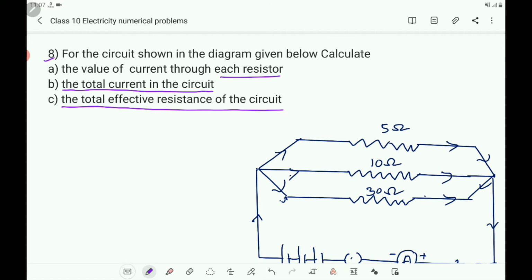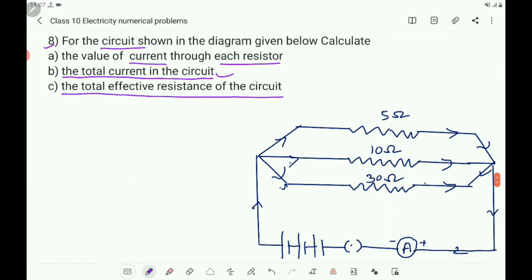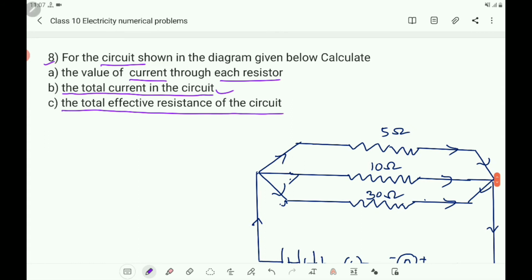Here in the figure, three resistances of 5 ohm, 10 ohm and 30 ohm are connected in parallel.